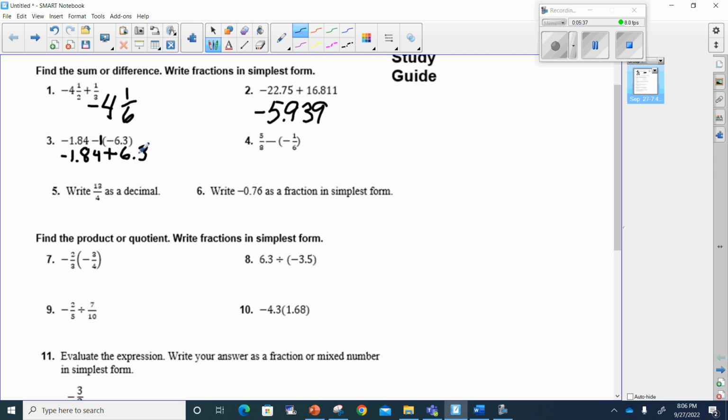So my signs are different. I find the difference. I'm going to take the big number. The big number is 6.3 here. I'm going to minus the small number, which is 1.85.